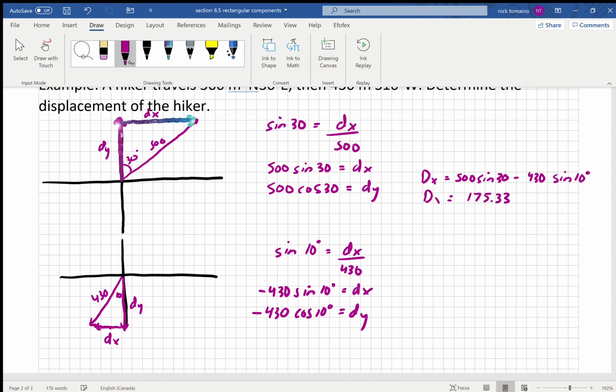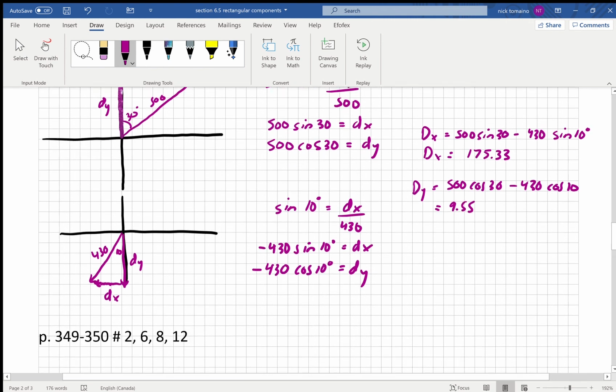Okay, and then our dy is going to be 500 cos 30 minus 430 cos 10. And that is 9.55 positive.